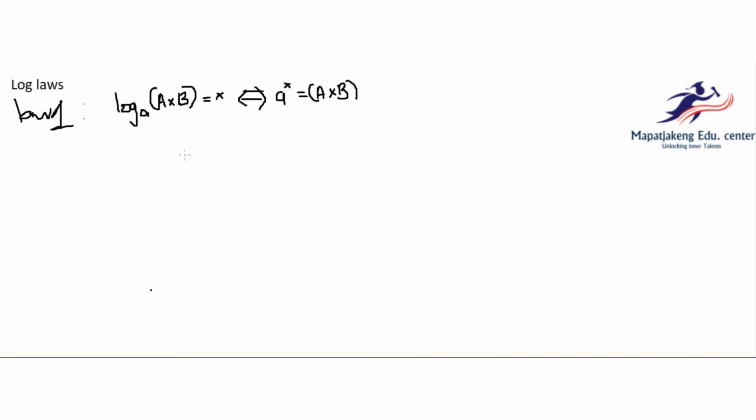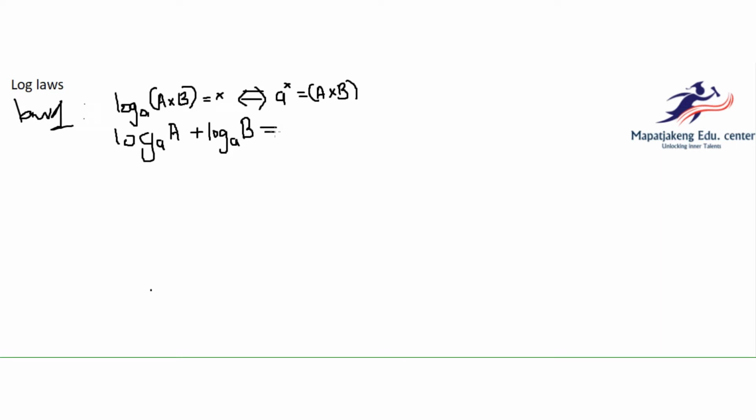Another law goes like this: when you have log of base a of a power a, and you are adding it to another log of the same base, remember, of the same base, meaning still base a down here, and then the power is different, b.